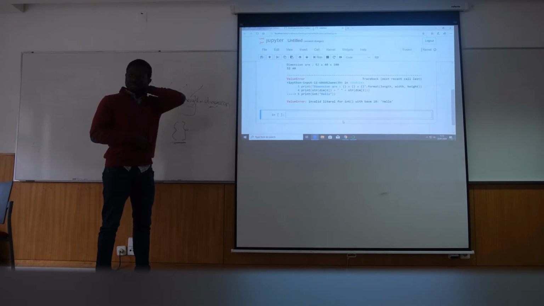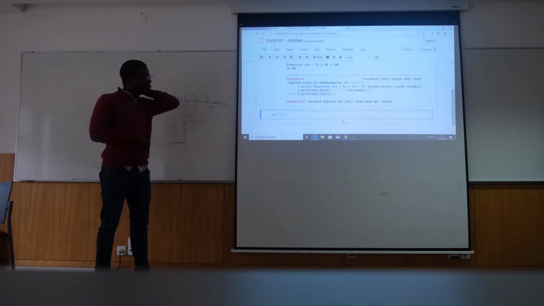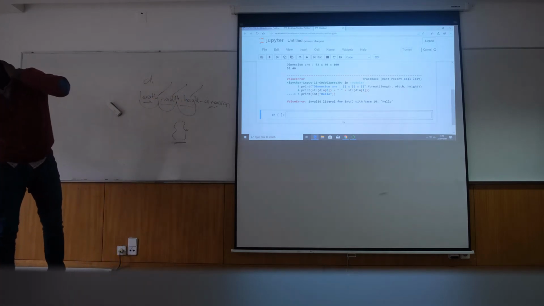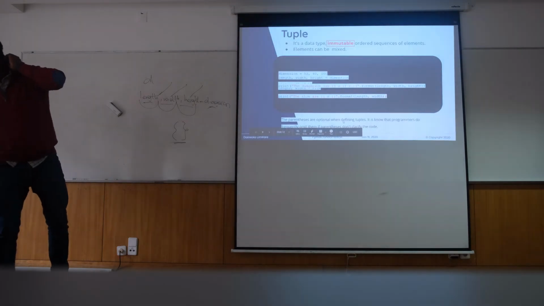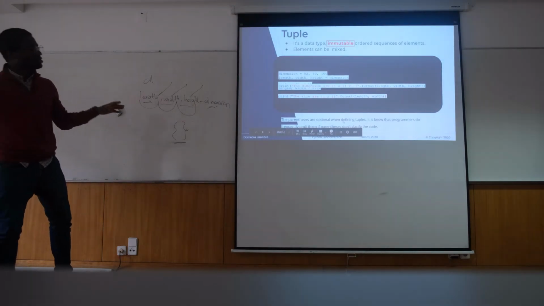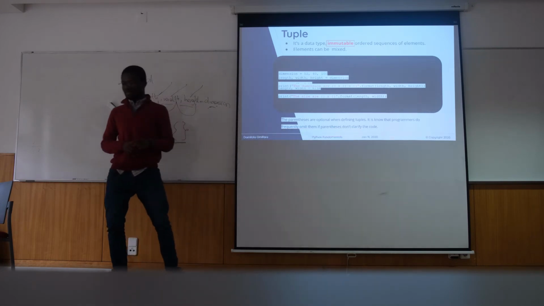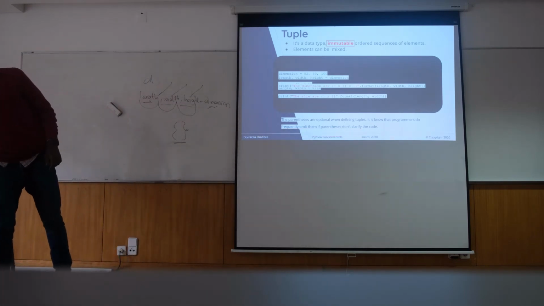Because the concept of the integer is that it's a number. Clear? Okay, so we should go for a break very soon. So everyone understood what's happening here? Yeah? Great.